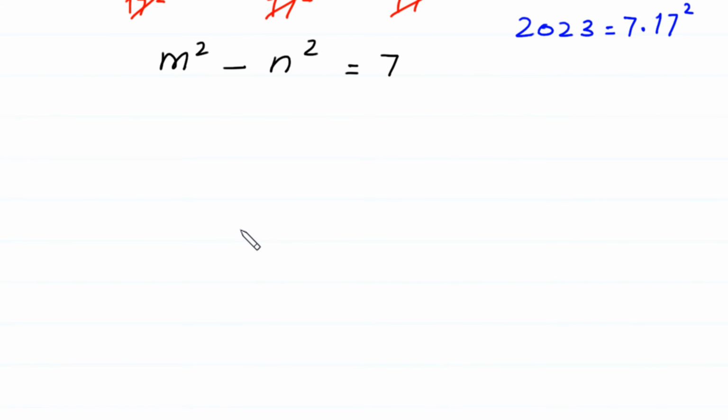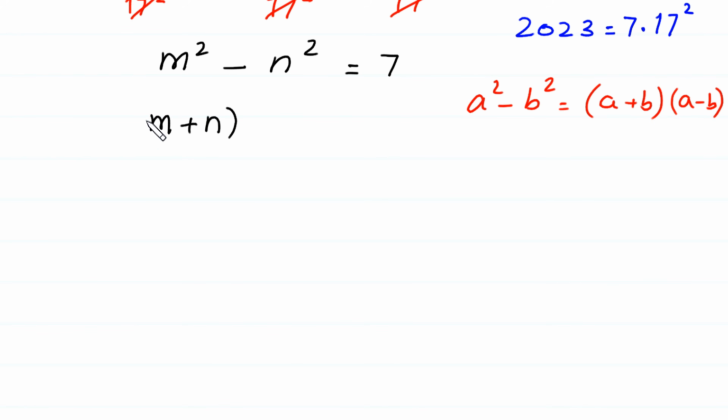Next, according to the algebraic identity, a square minus b square is equal to a plus b times a minus b. This m square minus n square is equal to m plus n times m minus n is equal to 7, and this 7 can be factorized as 1 times 7 and 7 times 1.